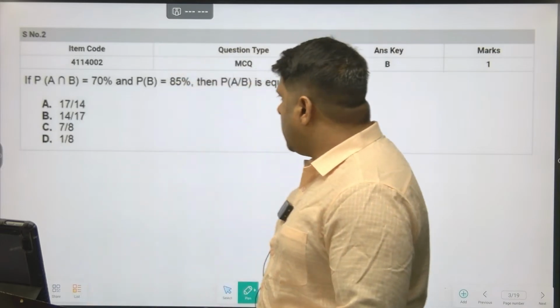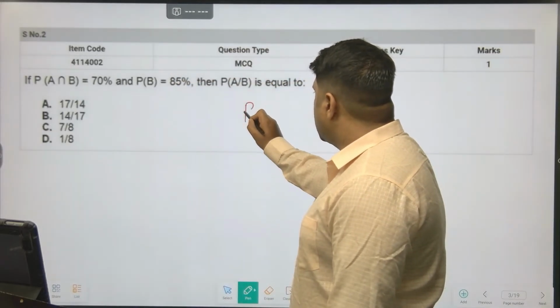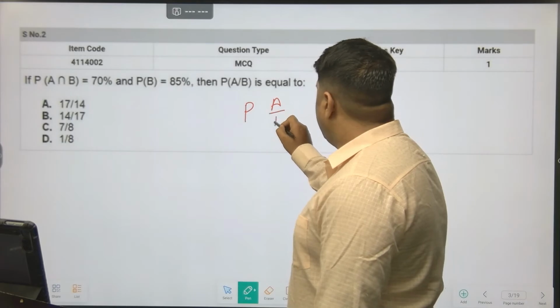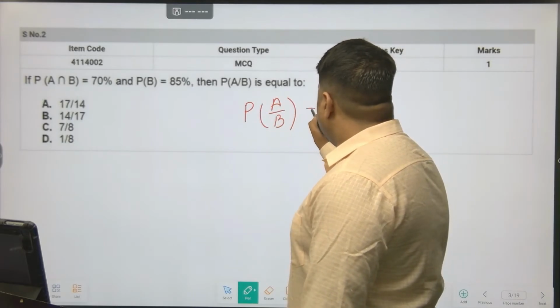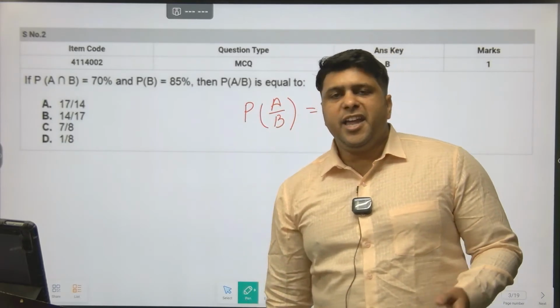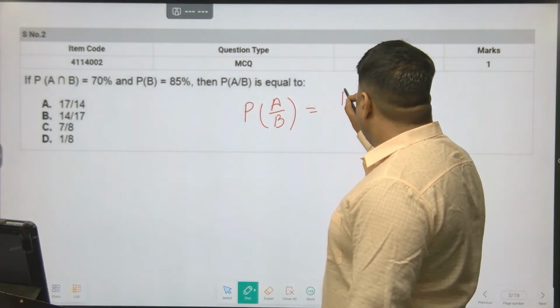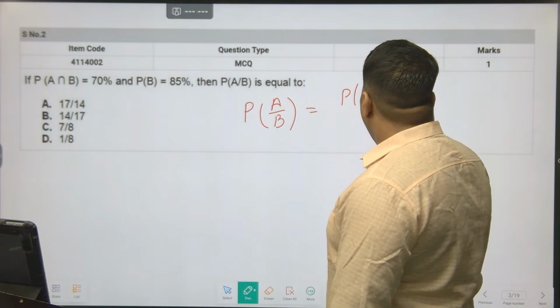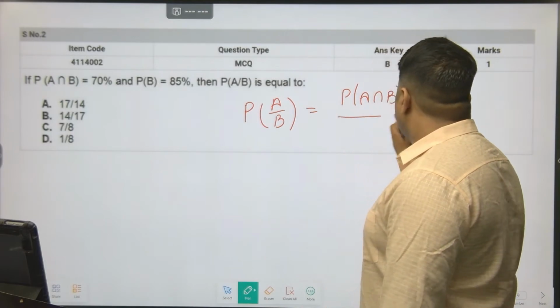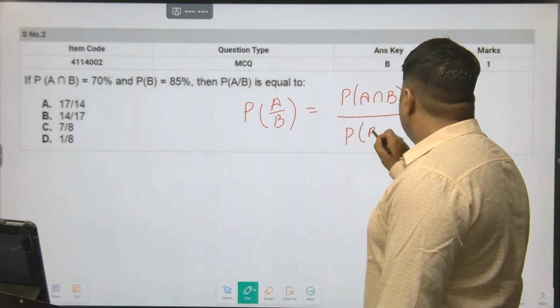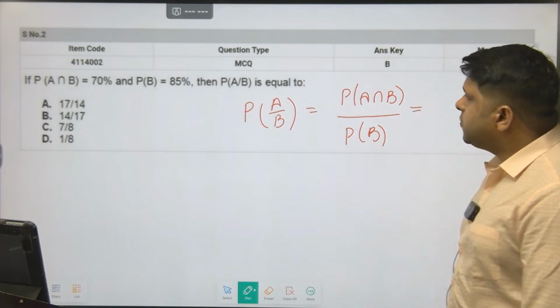What is the formula of P(A/B)? P(A/B) is equal to P(A intersection B) divided by P(B). They have already provided you the values.